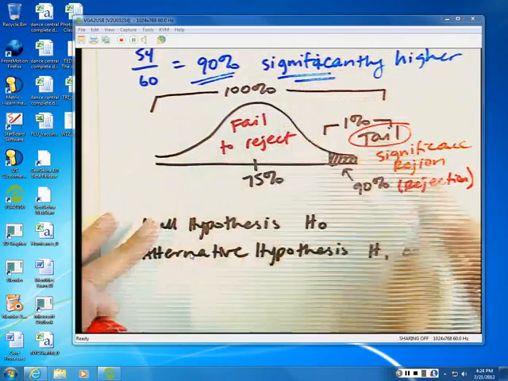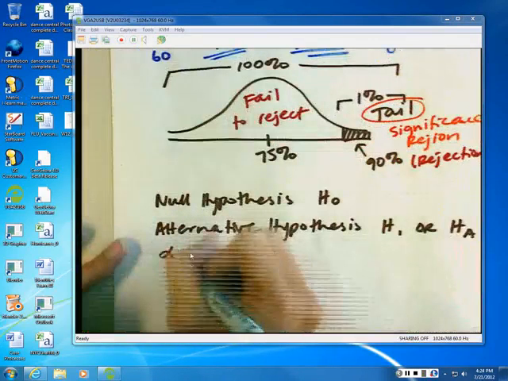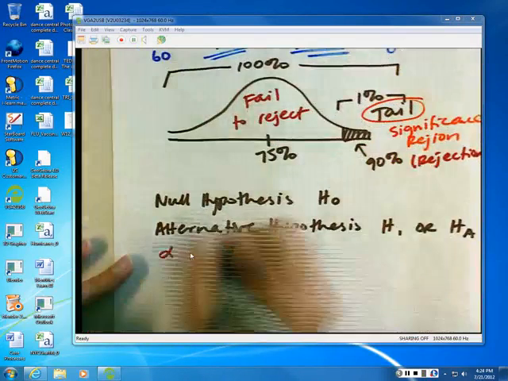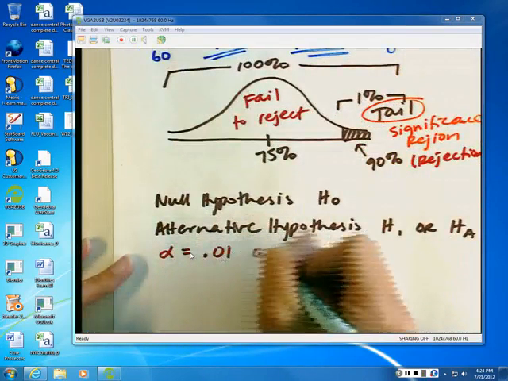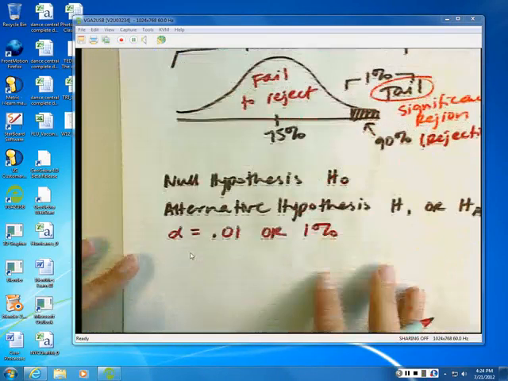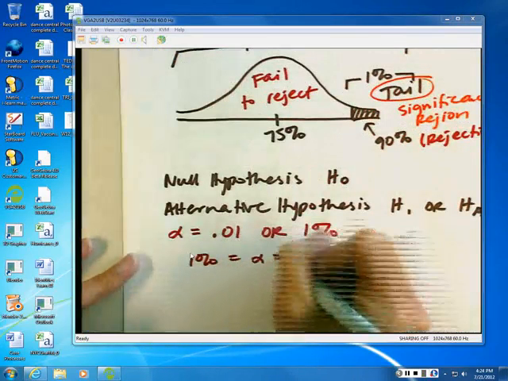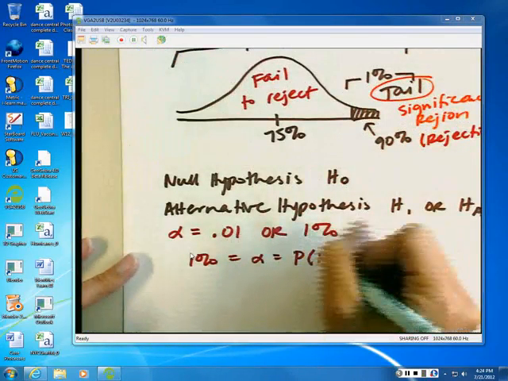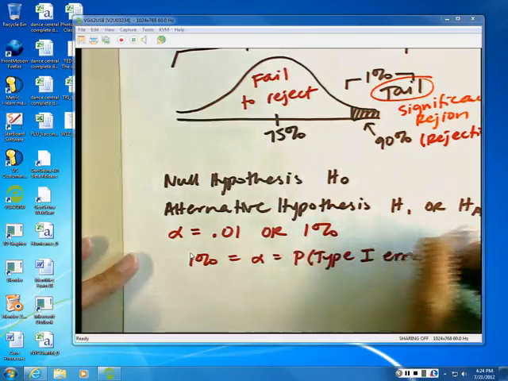That 1% is the significance level. We use alpha for the significance level. So the significance level for our example is 0.01 or 1%. That 1% in this case, or alpha, is the probability of committing a type 1 error.